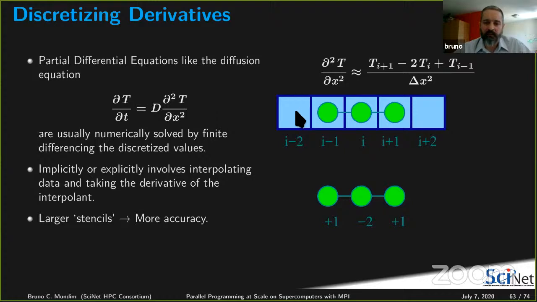You know the function at this point, the function at that point, and the function at that point, and now you have the values of the function in a discrete grid. But for the values of the derivatives, you can use the Taylor expansion in order to discretize the derivatives. For example, here you're using the temperature at the point i, the temperature at the point i plus 1, and the temperature at the left neighbor here.